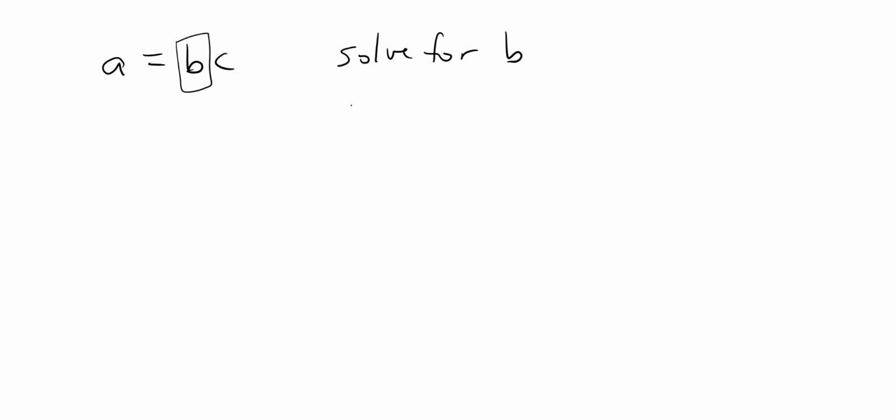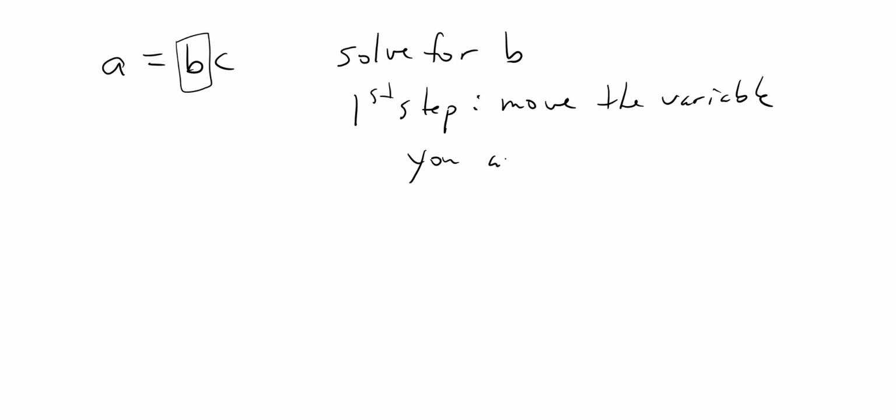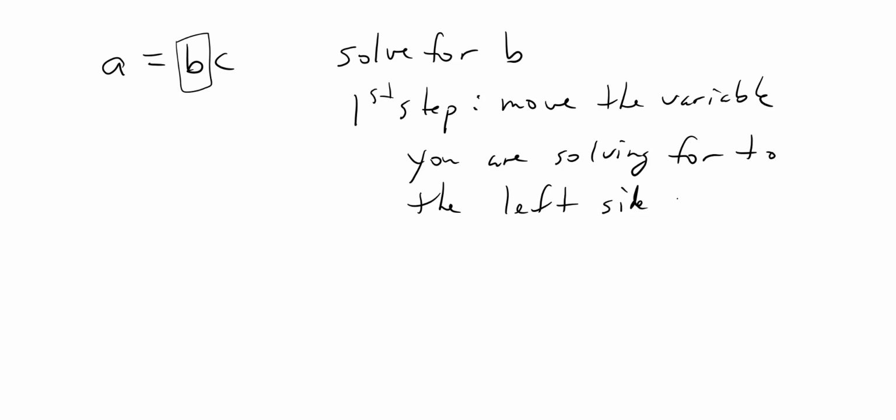The first step, which I think makes you very successful when you do this, is you want to move the variable you are solving for to the left side of the equal to sign.